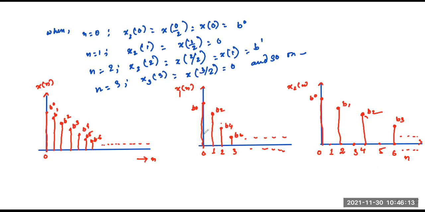So these are the 3 signals. This is the original signal. This is the original signal. Downsample or upsample? This is downsample.